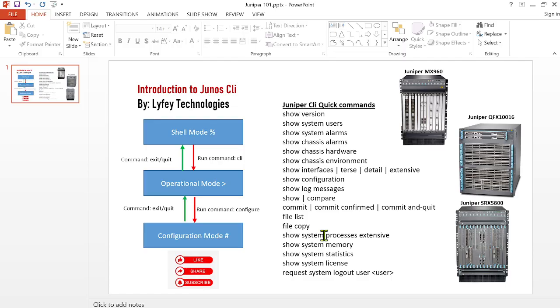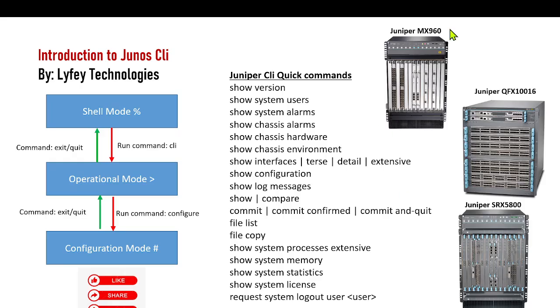And we have different devices. We have routers. For example, you can see in this setup, we have an MX960. We also have MX480, MX104. So we have different series of MX routers. We also have switches, the QFX and the EX switches, and then we also have firewalls.